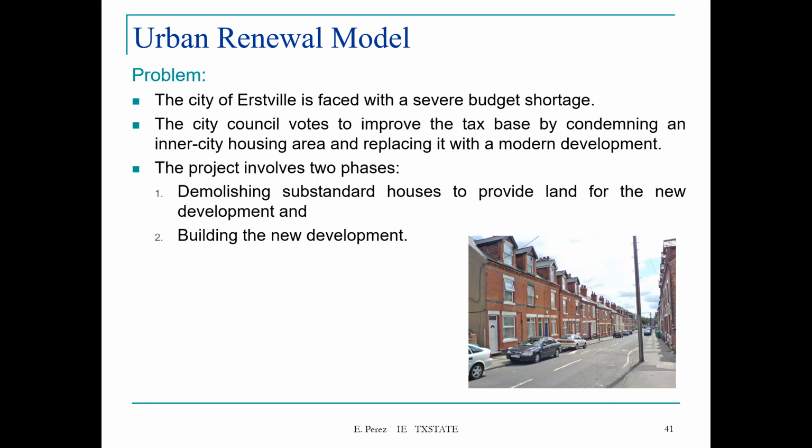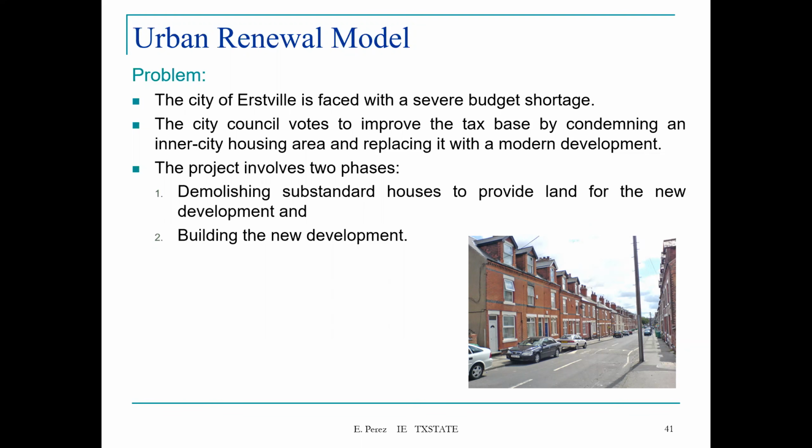And the city is faced with a severe budget shortage. And the city council votes to improve the tax base by condemning an inner city housing area and replacing it with a modern development. This project has two phases.